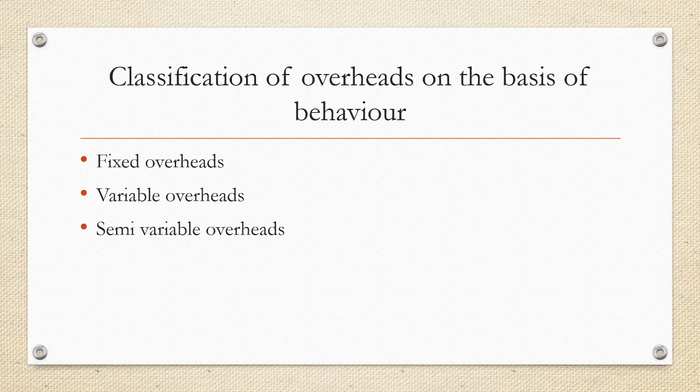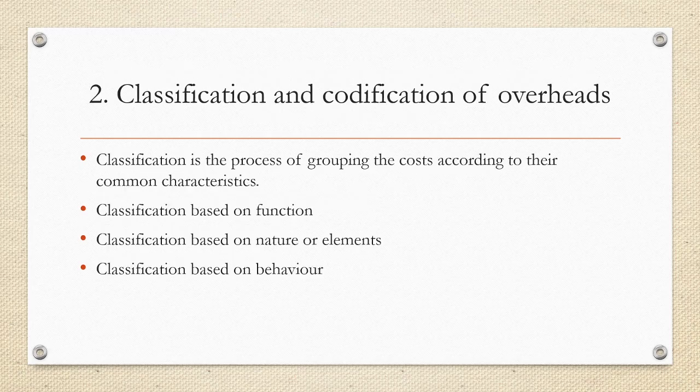If it is beyond that capacity, the salary of the supervisor will change. Similarly, as I have given you the earlier example of the electricity charges, electricity charges up to a level will be fixed, and afterwards it will change as per the consumption. So now we have seen different bases of classification: the classification based on function, classification based on nature or elements, and the classification based on behavior.